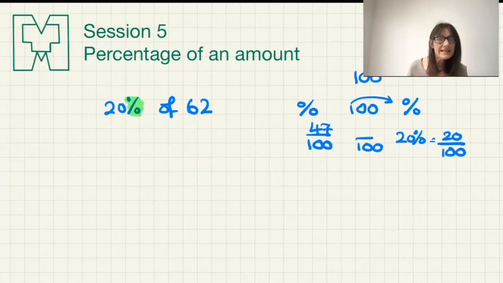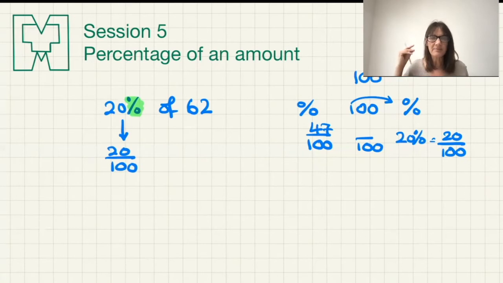So why am I telling you all this? Because I want you to look at the 20% and write that. I want that to become automatic, the minute I see a percentage, boom, I write it like that. I write it as a fraction. That's really important, and I will show you why.